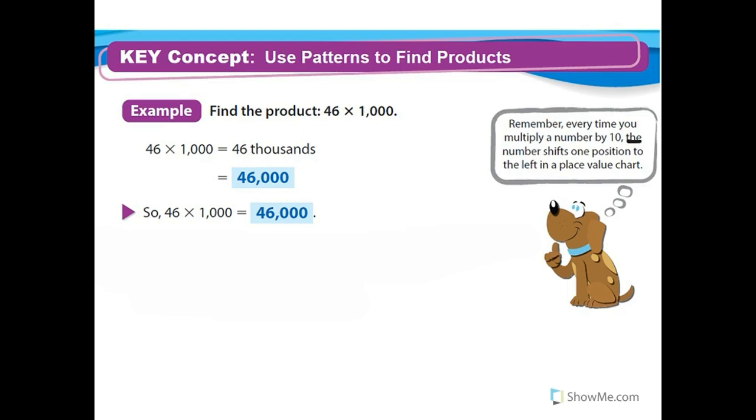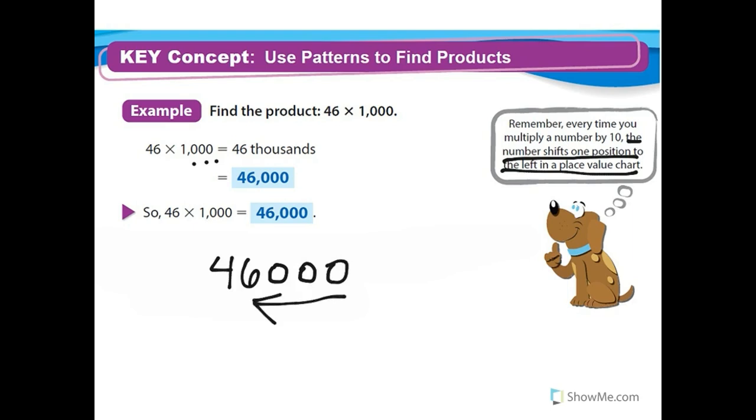So every one of these zeros makes this 46 go one position to the left. So instead of 46, it's 460, 4,600, 46,000. It pushes it one position to the left for every one of these zeros.